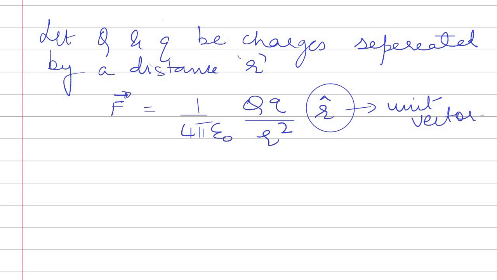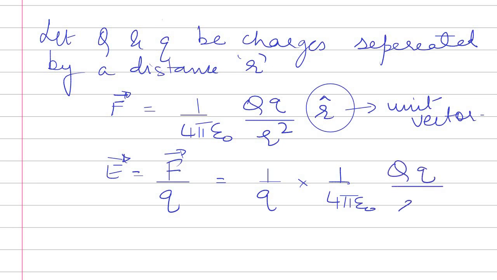So electric field E bar can be written as F bar by q. So this is going to be 1 by q into 1 by 4 pi epsilon 0 Qq by r square r cap.